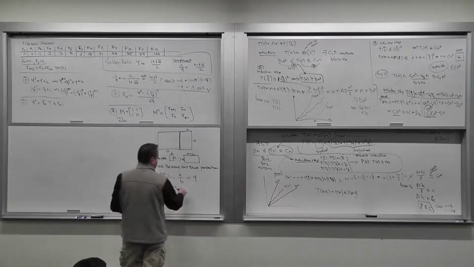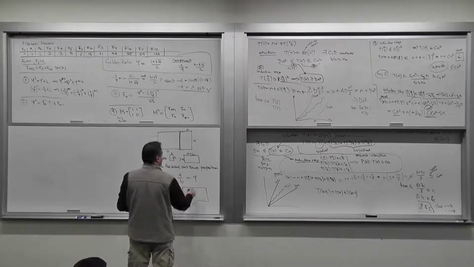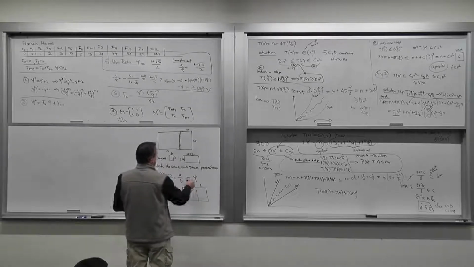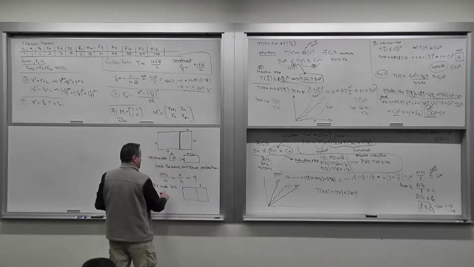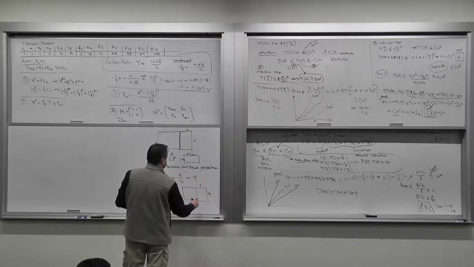If B equals 1, how is this picture going to look like? This is 1. If B is 1, A is 1 times phi, that's phi. So A is phi. And then this is phi.